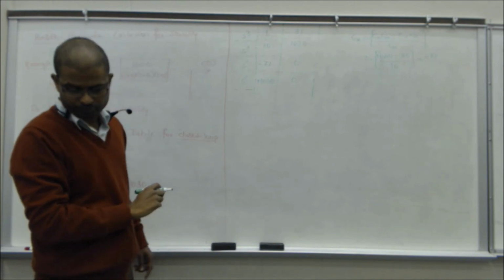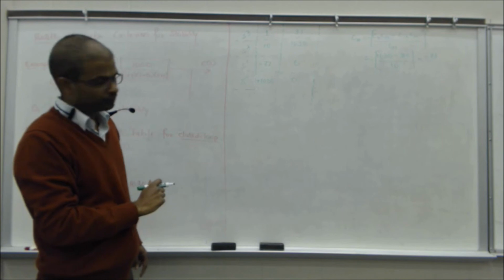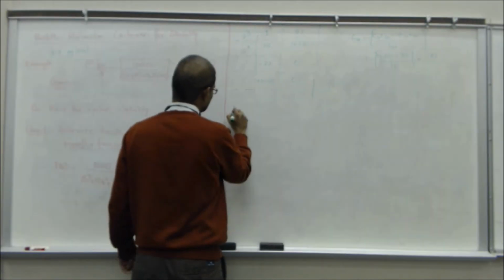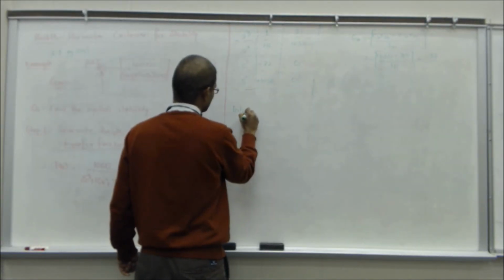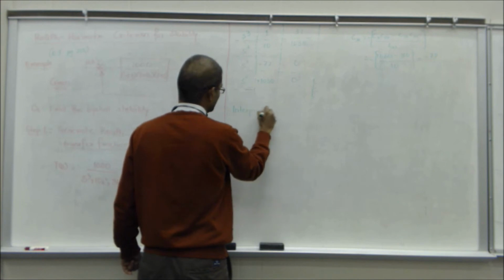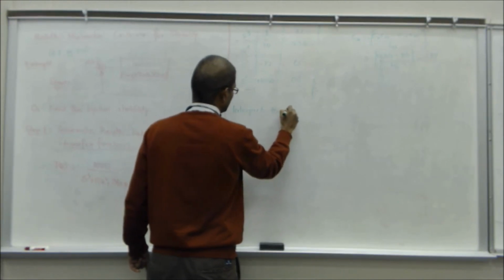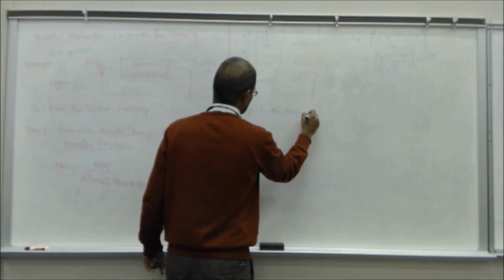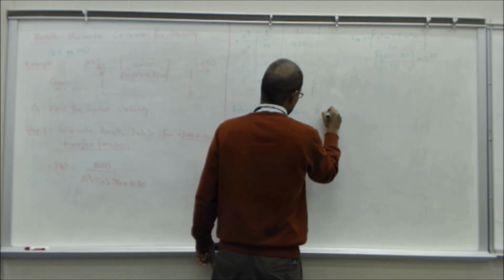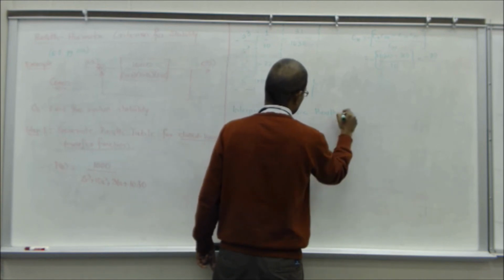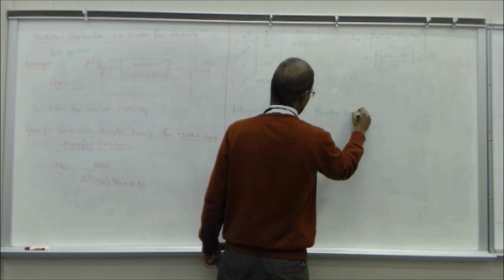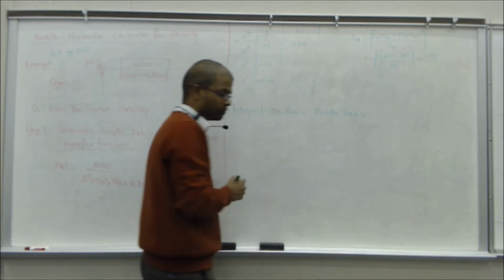Now, how do you interpret a basic Routh table?